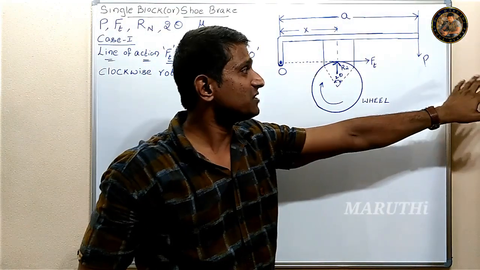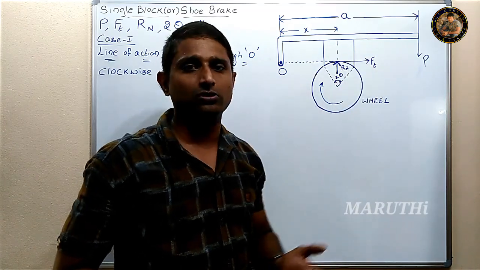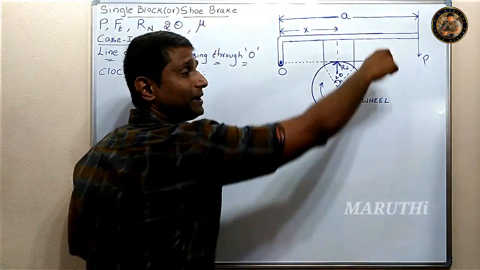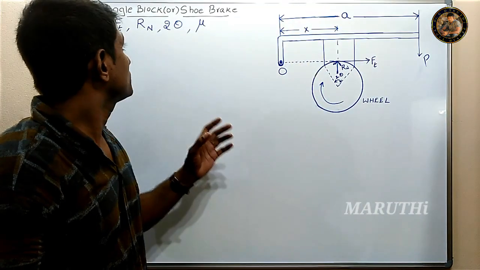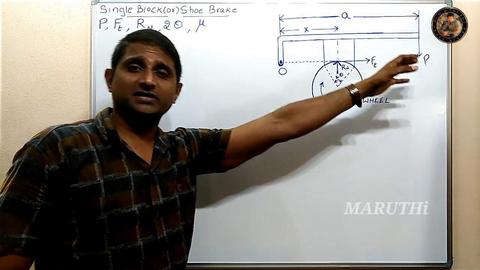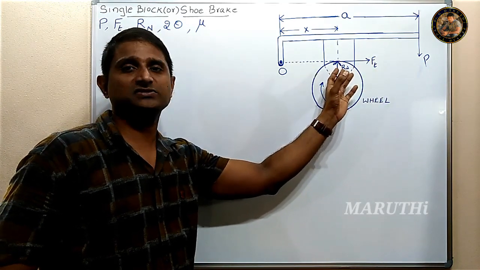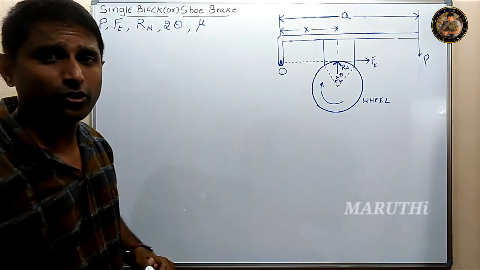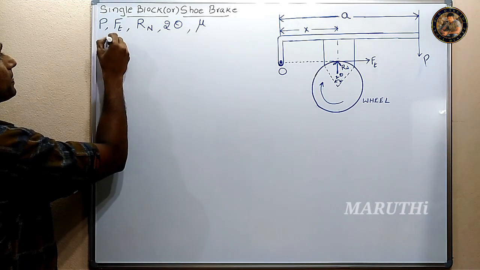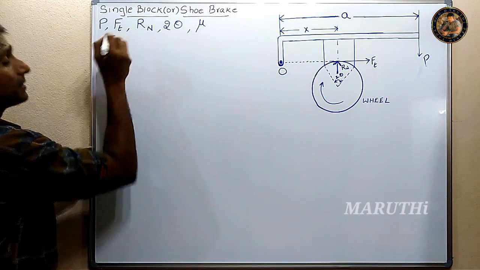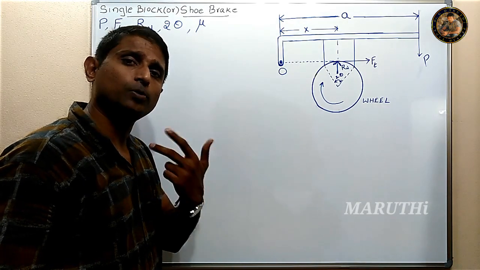So the moment because of P is clockwise about O, and the moment because of Rn about O is counterclockwise. So equate both. The moment because of P is P into total distance a. Finally, the external force is P, the frictional resistance force is F suffix T, and R suffix N is the normal reaction. Here, for the frictional force, we all know that the coefficient of friction is equal to F by R. So from that, F is equal to mu into R.